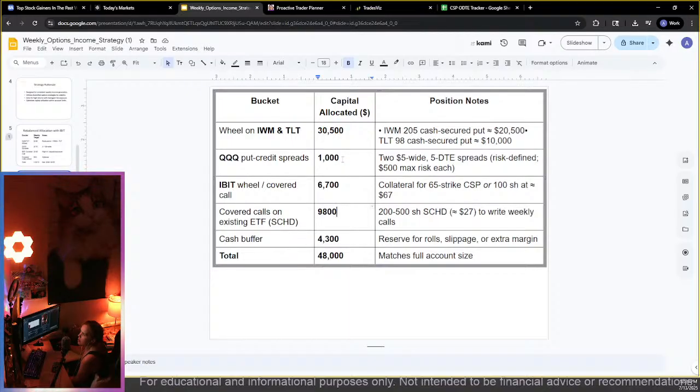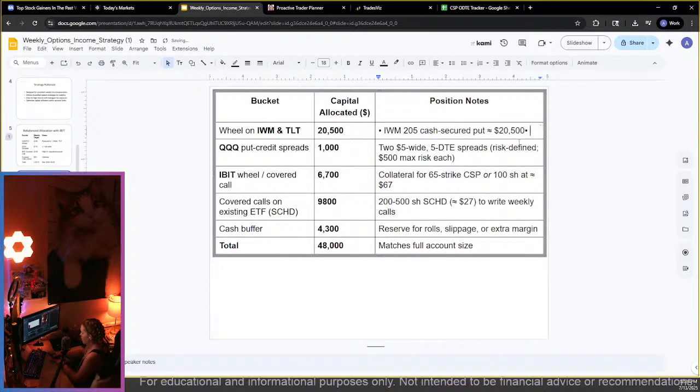So that maybe takes out the TLT, so I can't do TLT, so this would only be 20. So I would take out TLT. So 20500 plus 1. Oh.